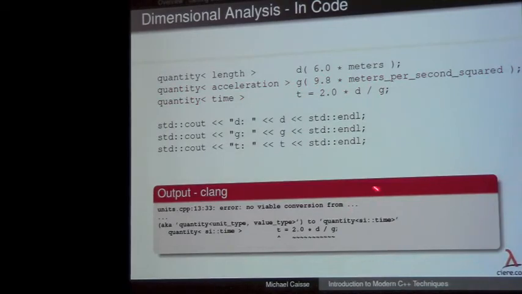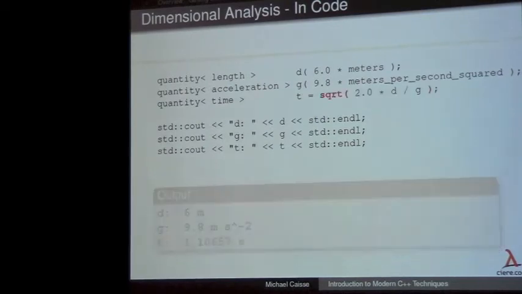No viable conversion from whatever this thing is to a time. Wow. If my compiler would output that, I'd be a very happy man. And if it would do that without having any runtime overhead, I'd be even happier, right?